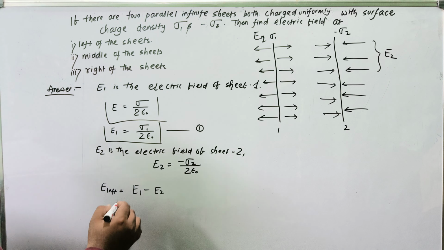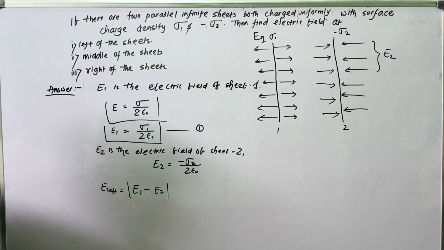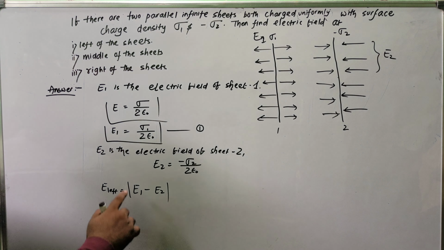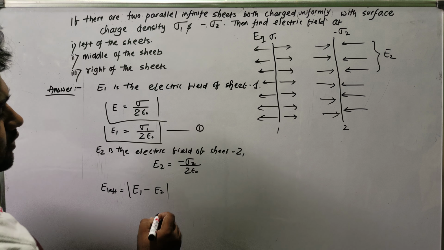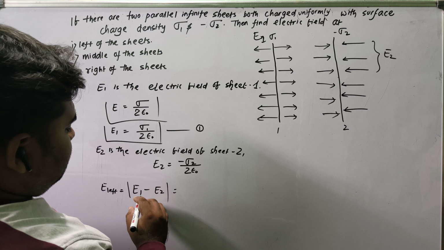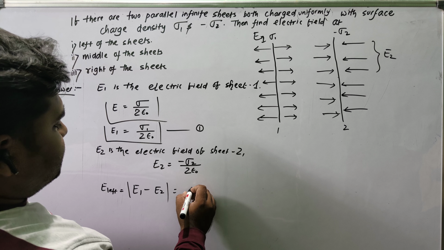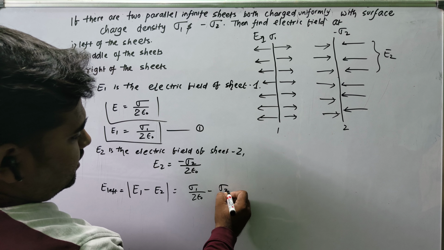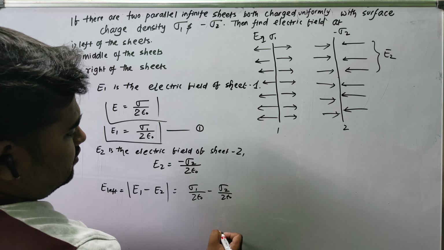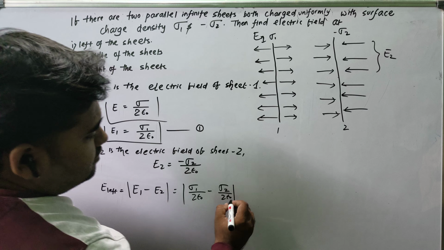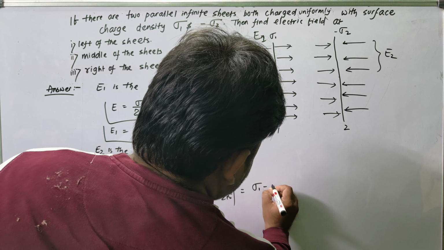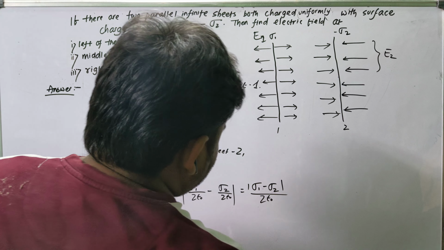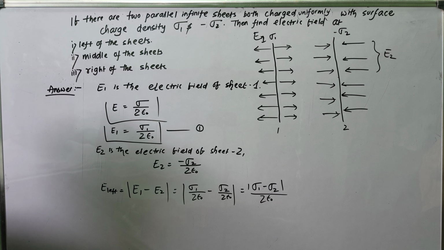So E1 minus E2. If we only ask about the magnitude, we have to put a mod. So for E1 you write sigma 1 by 2 epsilon naught minus sigma 2 by 2 epsilon naught. So sigma 1 minus sigma 2 by 2 epsilon naught. This is your net electric field to the left.